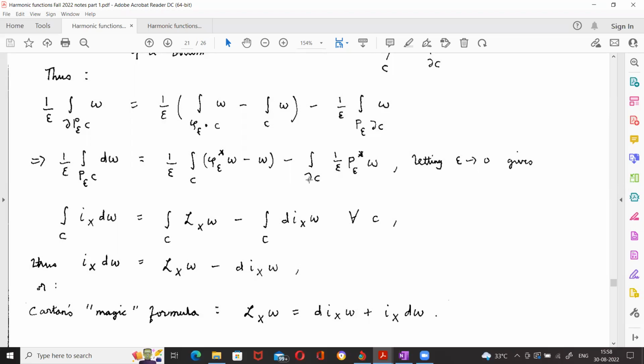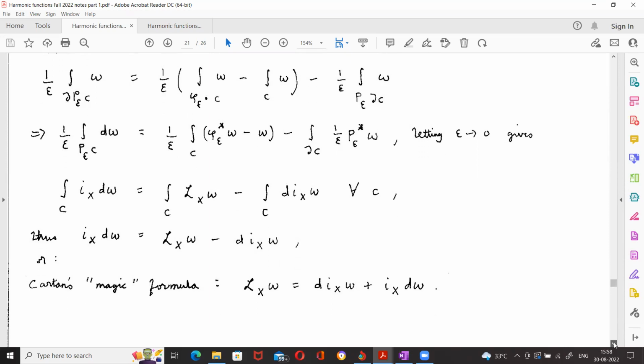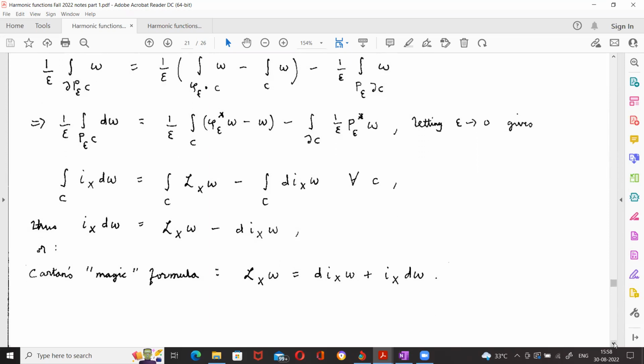And as we've seen, this boundary of C here, I can put inside as a d, the integral over C of d of this. And so this converges to d of I_X omega. We're almost out of time, so I'm going a bit fast, but it just follows from whatever we've done so far. Is this clear?